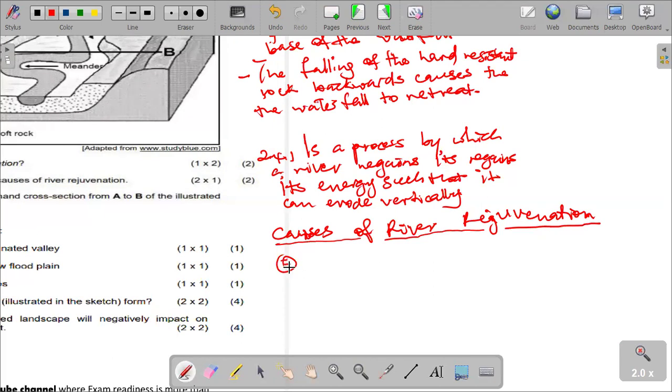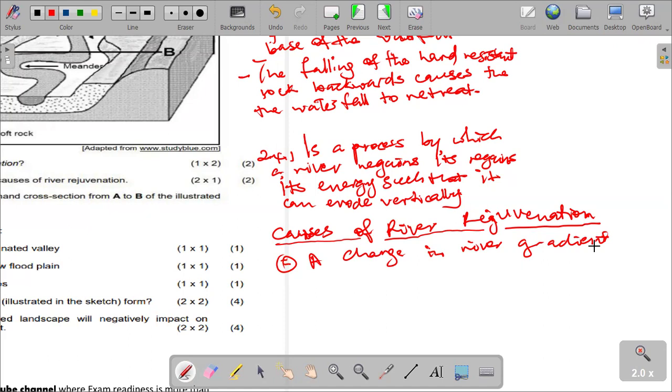What causes a river to regain its strength? One, a change in river gradient. A change in river gradient can cause a river to gain its energy.